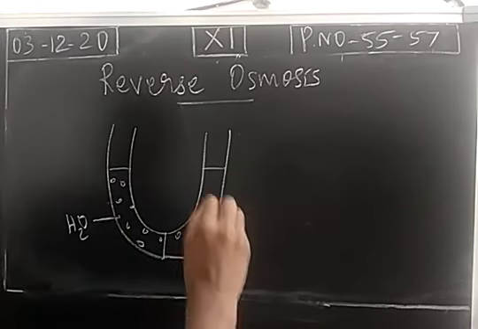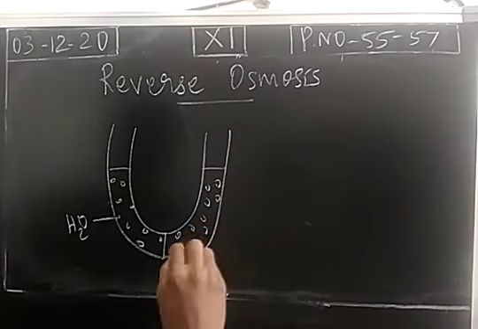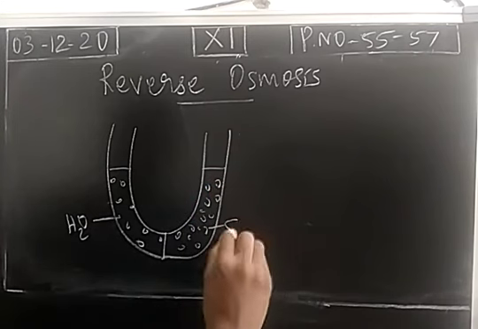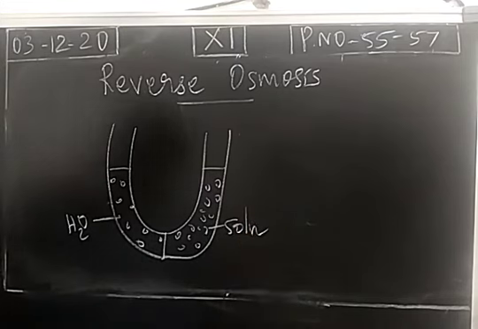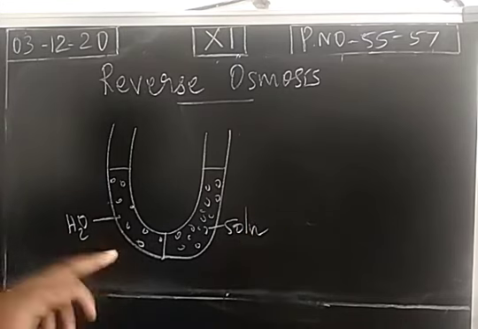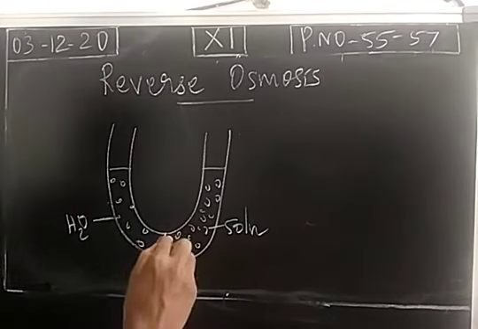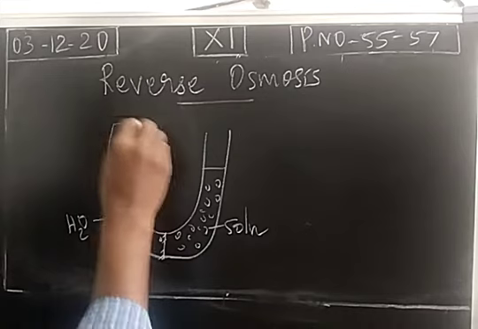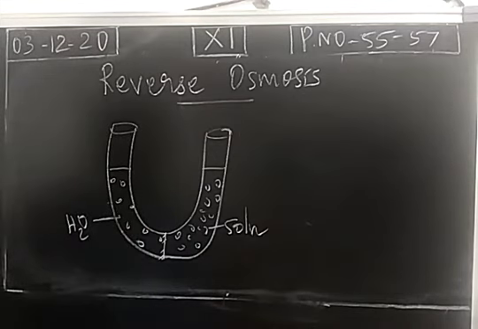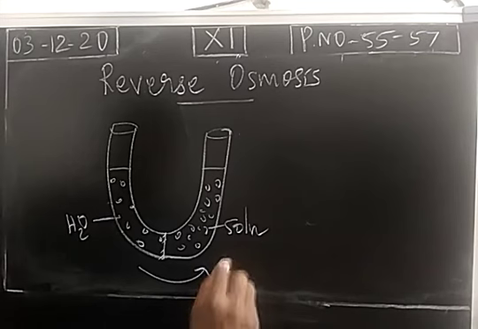In the second compartment, the right side, we have the solution. So the concentration is lower here and more on the right hand side, and this is the semi-permeable membrane. Solvent will flow from the solution of lower concentration to higher concentration spontaneously. We are not inducing it. This is called osmosis.